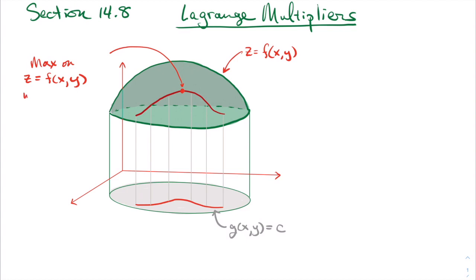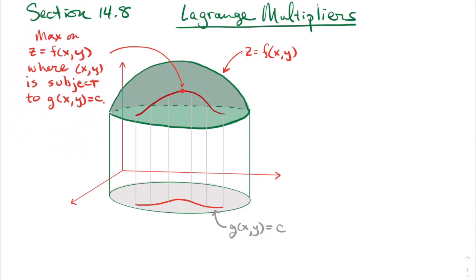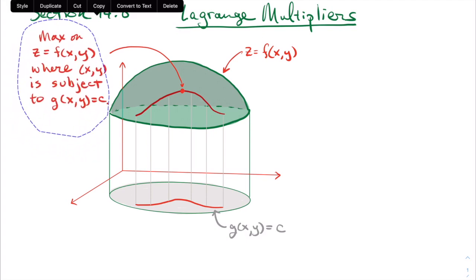So the point x, y is subject to a constraint g of x, y equals c. We're only allowing points to be on that constraint curve down in the xy plane.